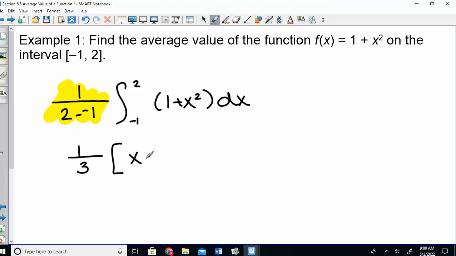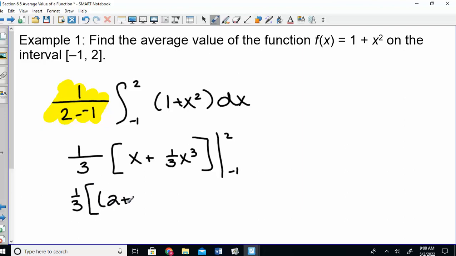Antiderivative of 1 is x. Antiderivative of x squared would be 1/3 x cubed. And I'm evaluating that from -1 to 2. 2 to the 3rd is 8.